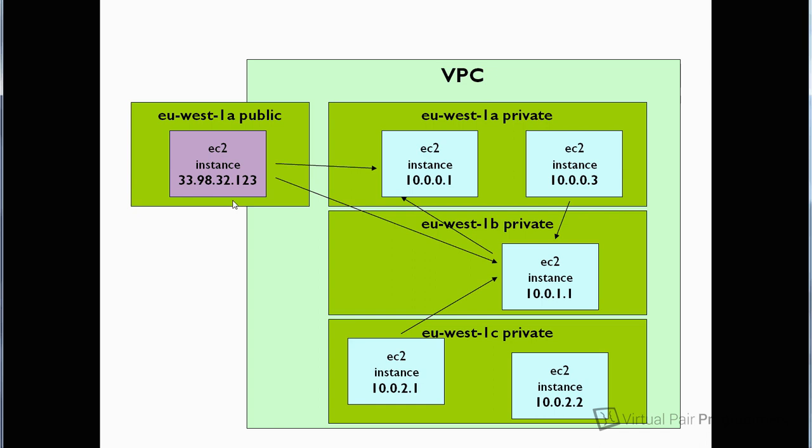And a Bastion server is quite simple, really. It's just you connect to any public instance that's part of that VPC, and then you can connect privately to one of the instances. Now, it would be called a Bastion instance if the only reason you've launched that instance is so that you can connect to some private instances.